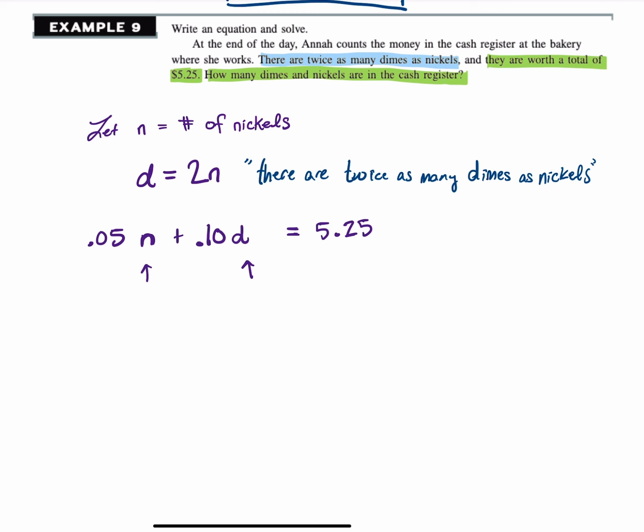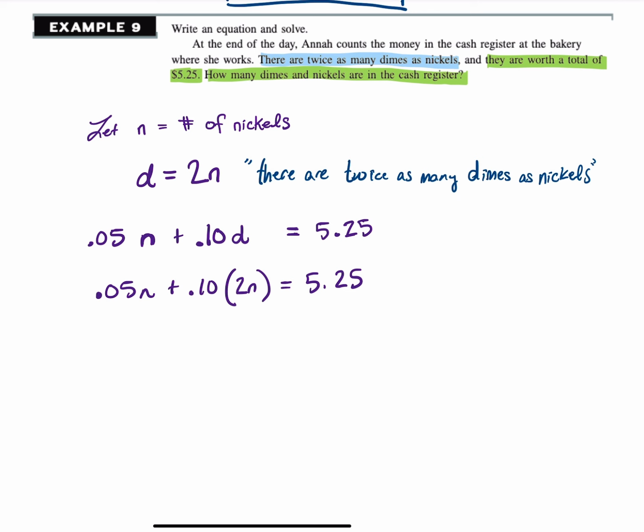But luckily we had this statement that d equals 2n, because there's twice as many dimes as nickels. So let's replace that d with the 2n.